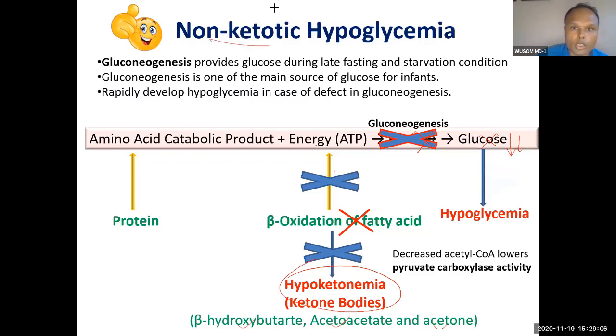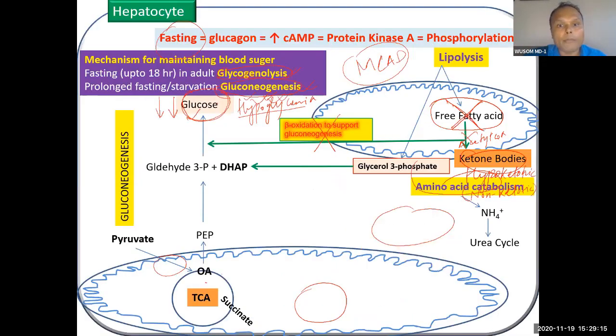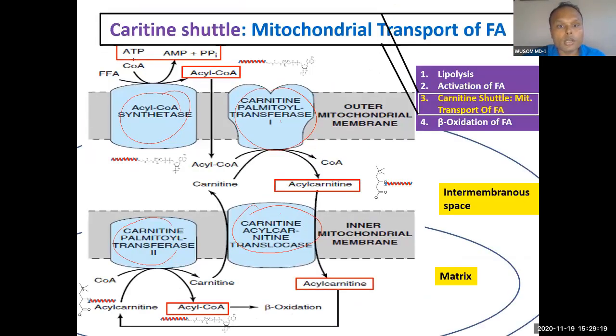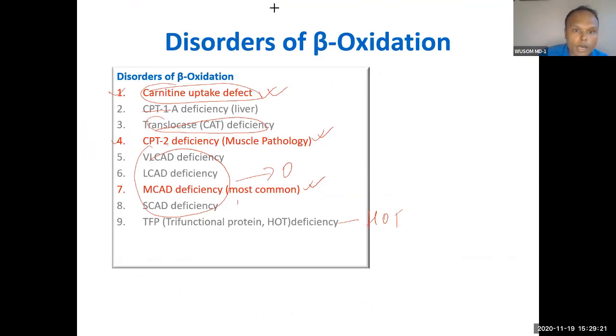This is called non-ketotic hypoglycemia, or you can also call it hypoketotic hypoglycemia. What is the reason? It can happen in all these disorders, because all are related to fatty acid oxidation.